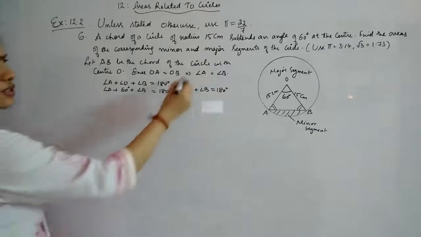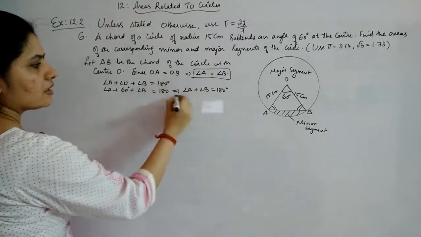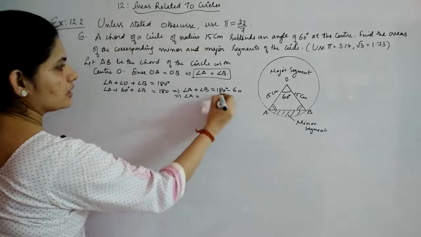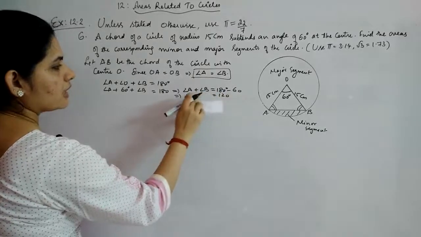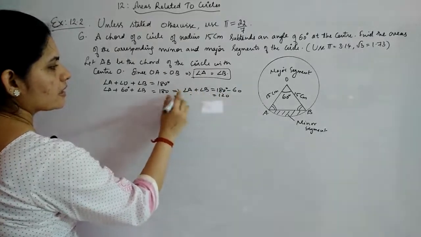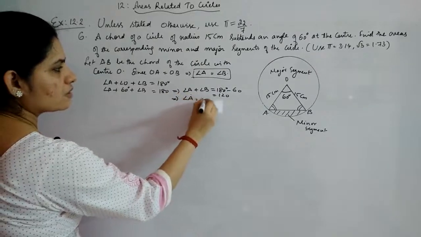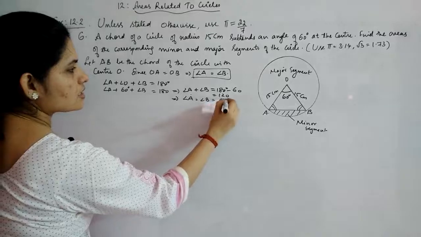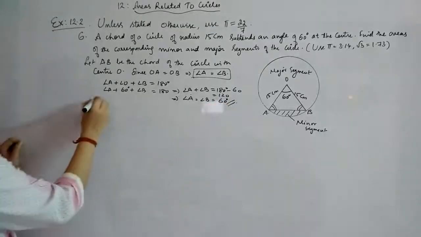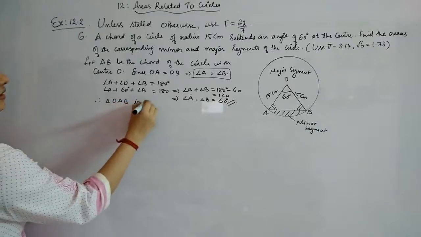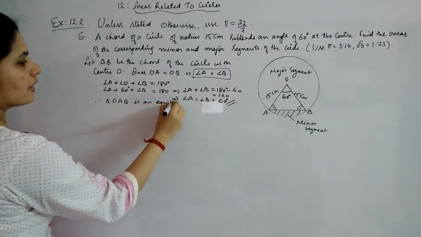Since angle A is equal to angle B, angle A equals angle B equals 60 degrees. So you are getting the triangle OAB as an equilateral triangle.